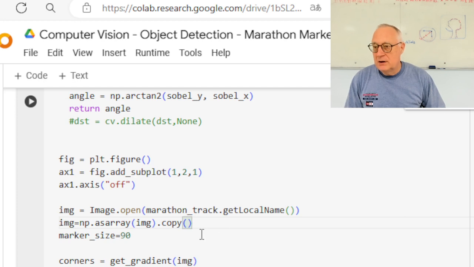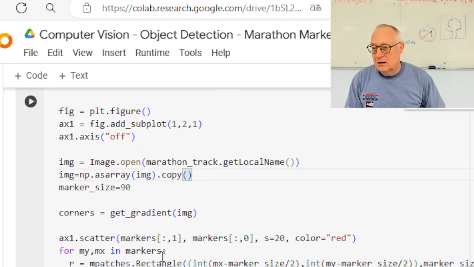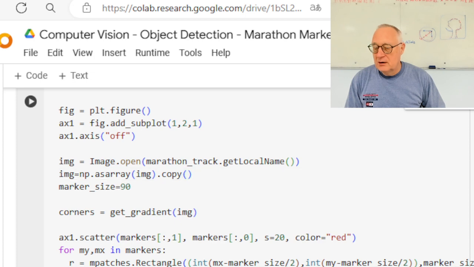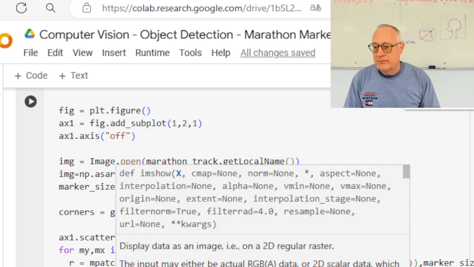Now this should be, let's hope for the best. This is AX1, AX2 is equal to subplot 1, 2, 2, AX2 dot imshow and this now.